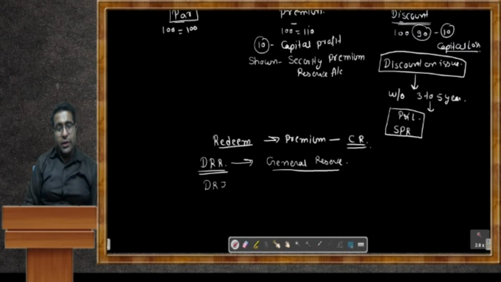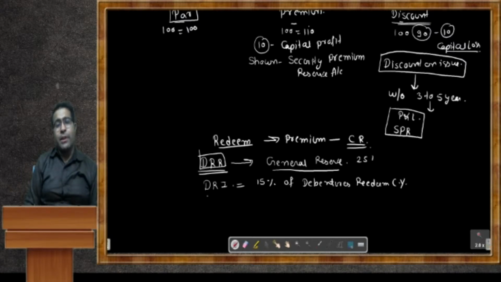Debenture redemption investment amount is 15% of debentures redeemed in the current year. Next, how much money is transferred to DRR? 25% of debentures value.